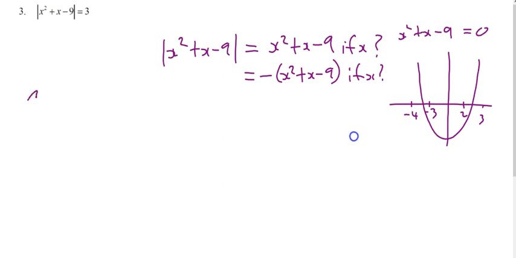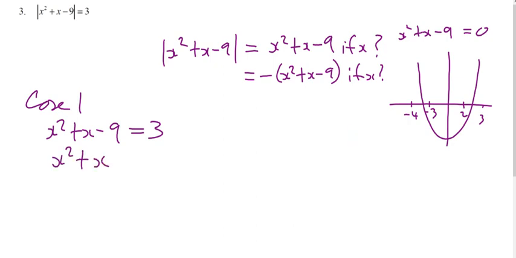So case 1. x squared plus x minus 9 is equal to 3, which gives us x squared plus x minus 12.